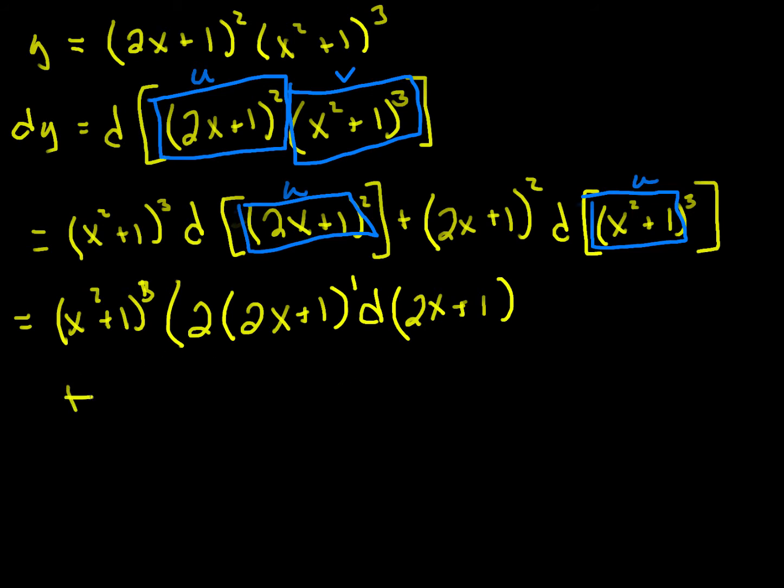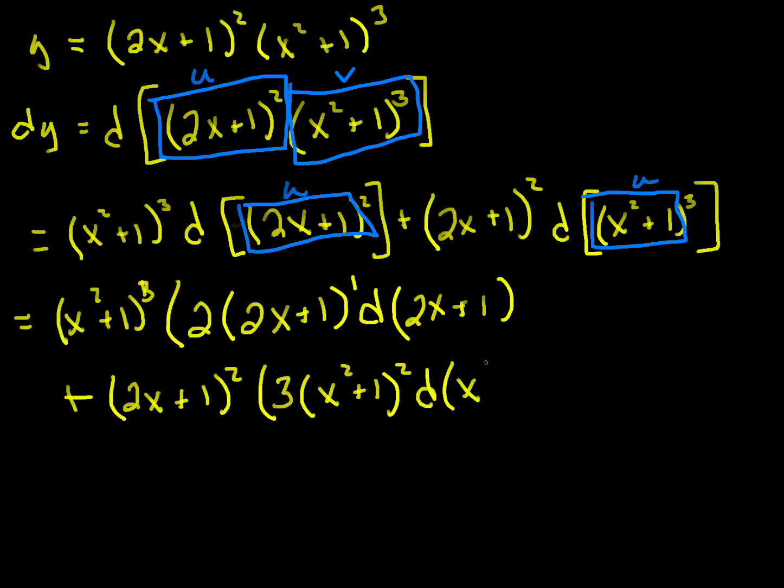Then this is added to 2x plus 1 squared. Times, and my power rule, the 3 comes down as my coefficient, x squared plus 1 squared, because my power comes down by 1, times the differential of x squared plus 1.